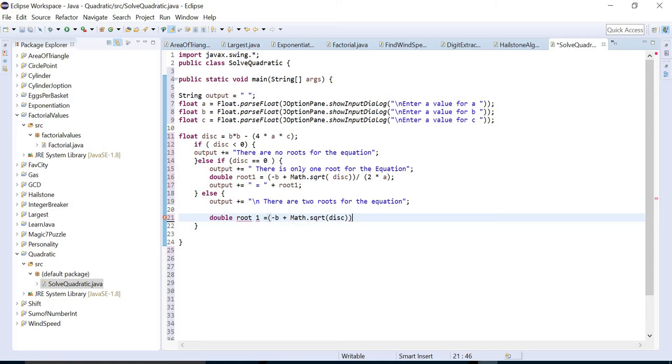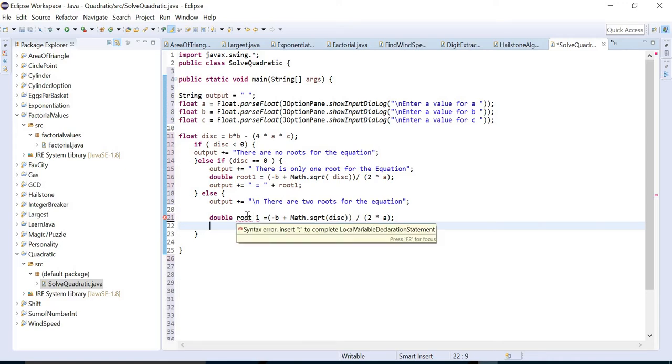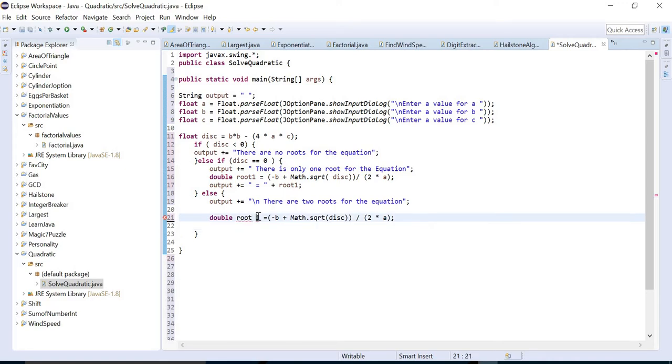And that's going to be divided by 2 times a, right? Correct? Alright, here, guys. Now root2, right? What's wrong here? What do we have an issue with? Root1 needs to be together, right? It's not the same. Okay.